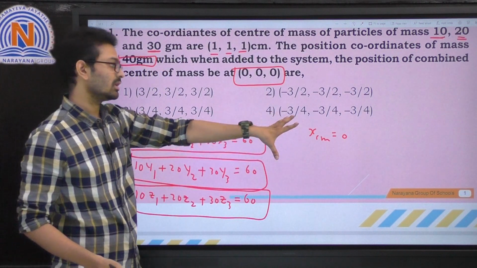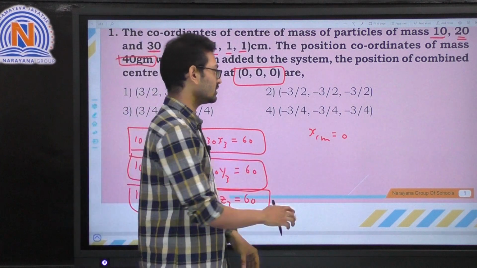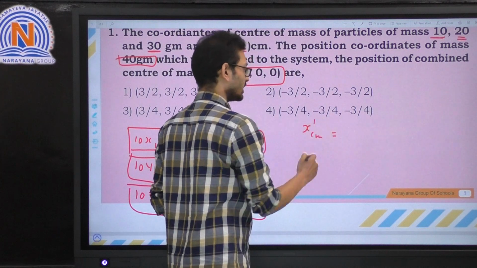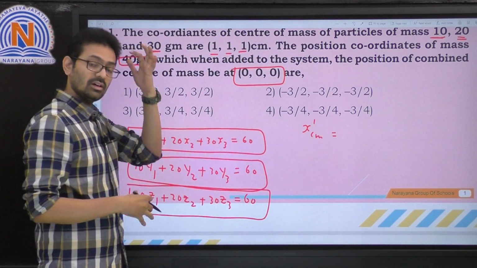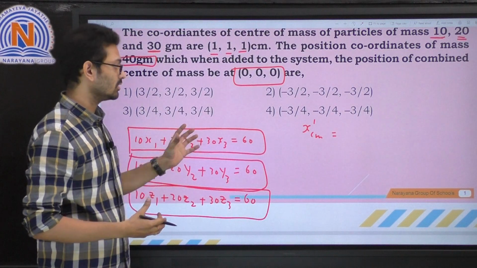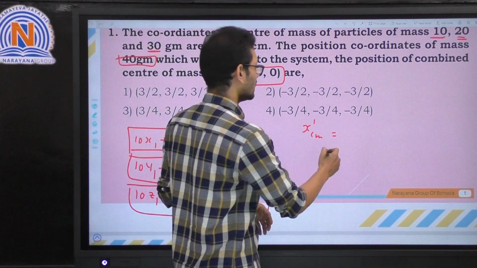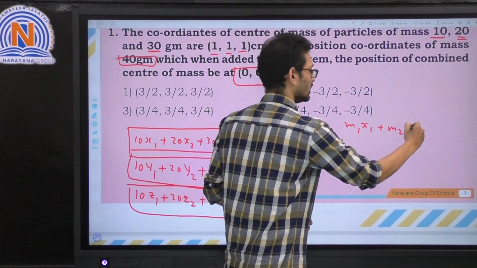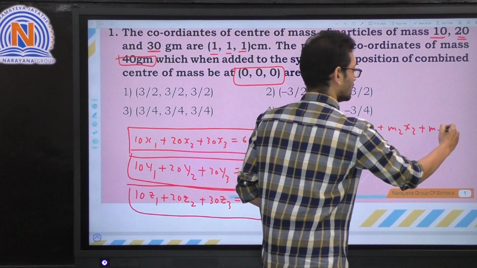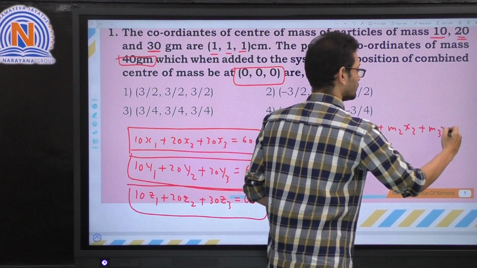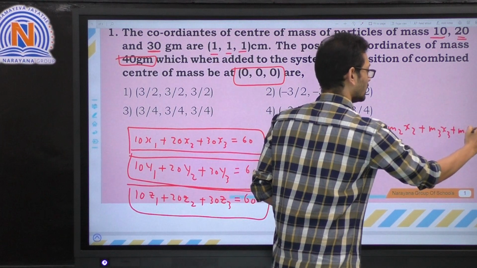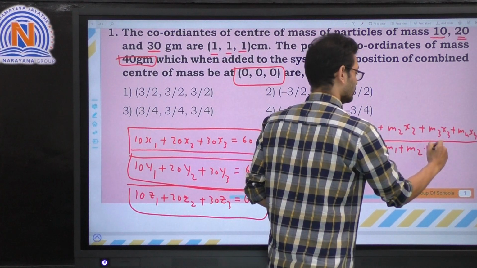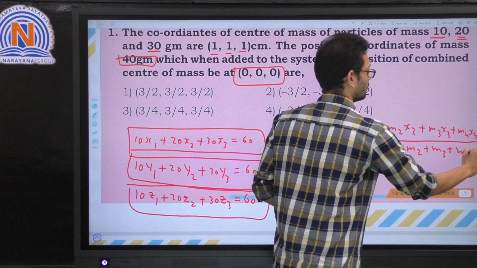That means x center of mass is 0. We'll write the x center of mass formula as x dash, because after adding 40 grams, your center of mass has changed. So that formula is m1 x1 plus m2 x2 plus m3 x3 plus m4 x4 by m1 plus m2 plus m3 plus m4.